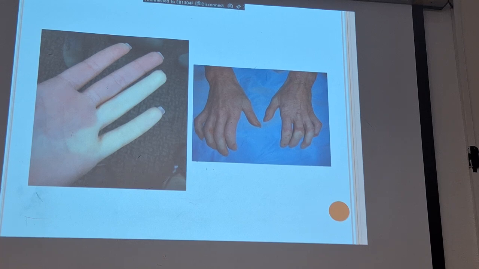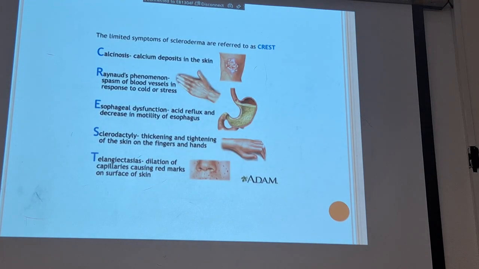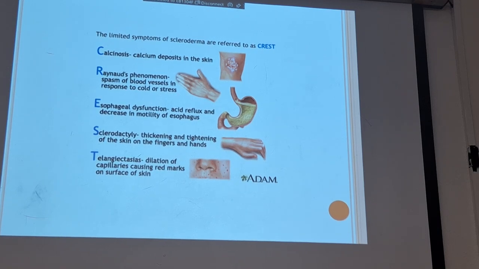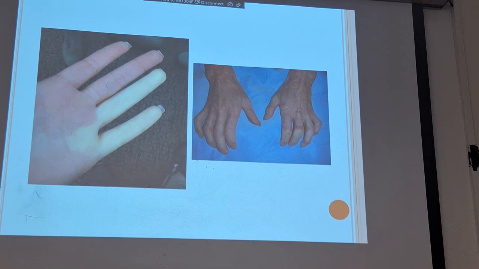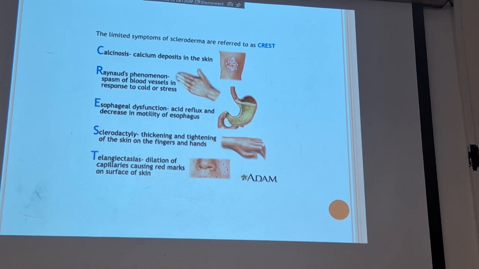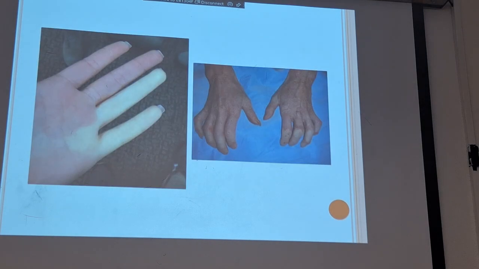So we have Raynaud phenomenon, and we have esophageal dysmotility because we have fibrosis in the esophageal wall. We have sclerodactyly, which means deformity of the fingers, and you may also see telangiectasias on different parts of the skin.